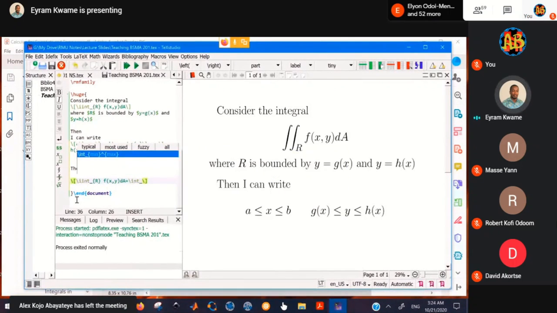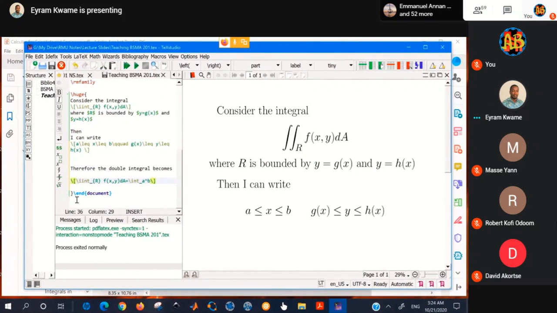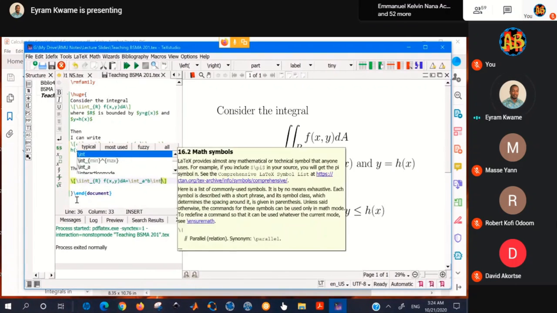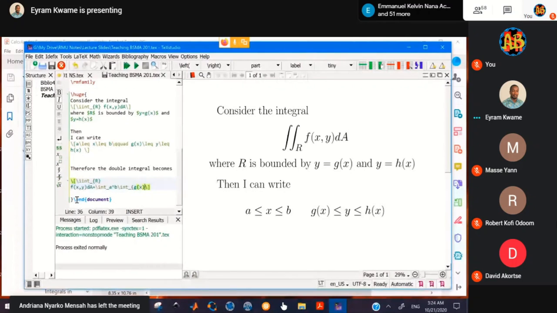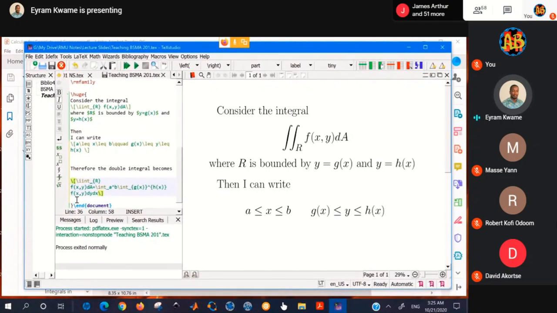I integrate from a to b, then I integrate from g of x to h of x. The same function, but this time I have to do dy before I do dx.